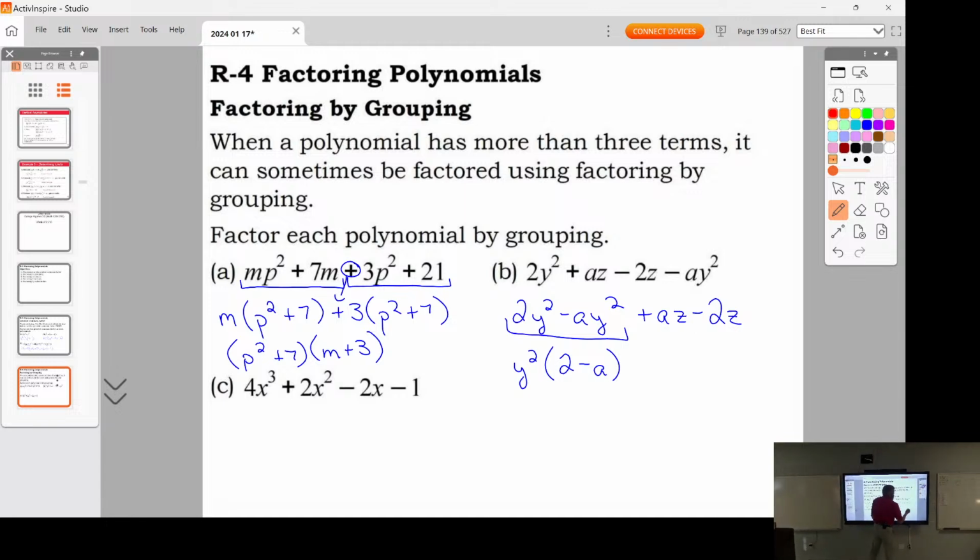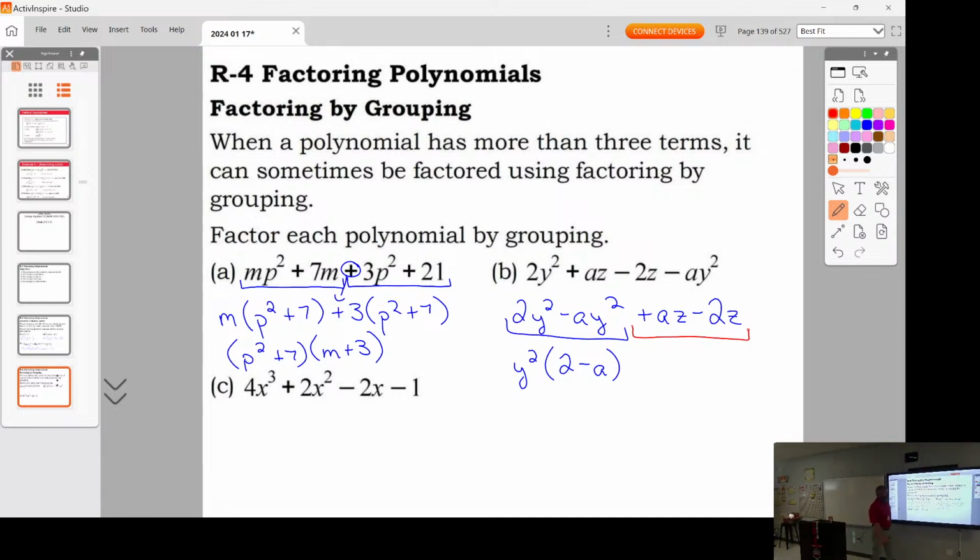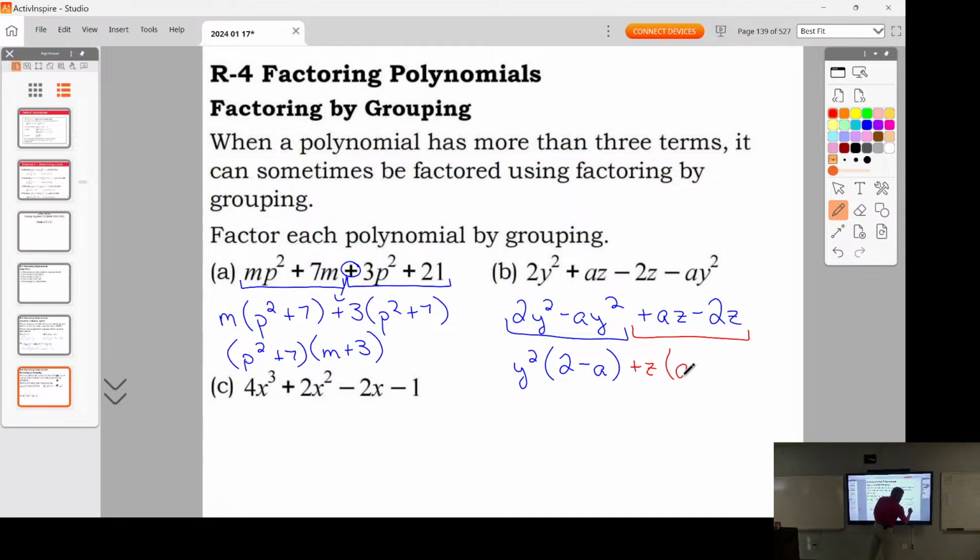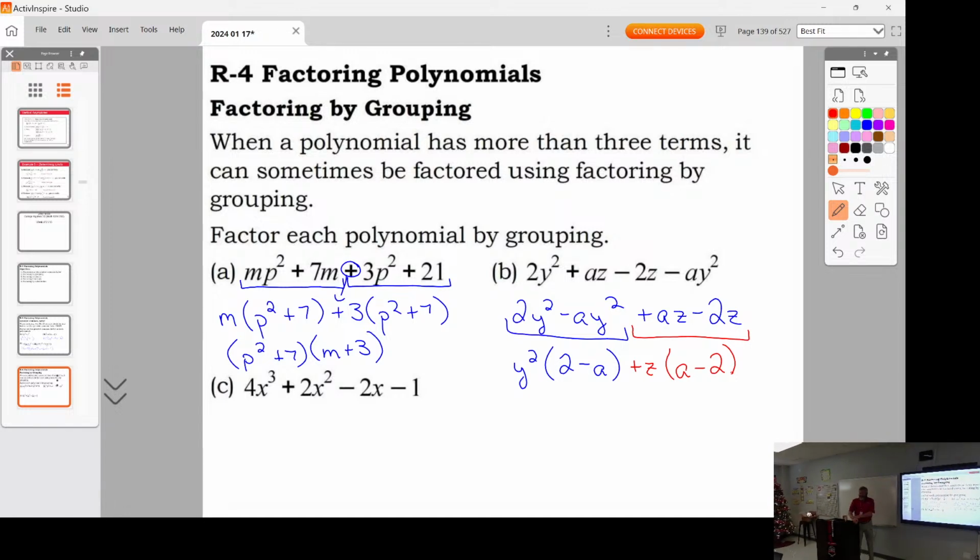Looking at that second pair, do they have anything in common? What kind of a z? Plus z? What's left? Do those 2 terms have anything in common?